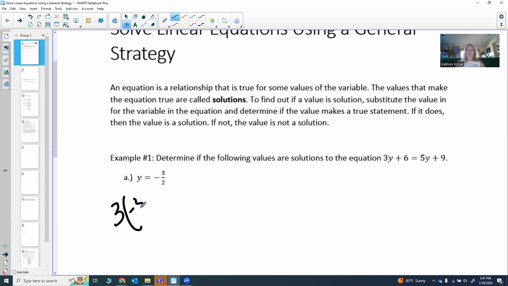3 times -3/2 plus 6 equals 5 times -3/2 plus 9.